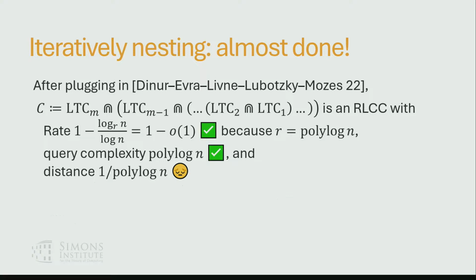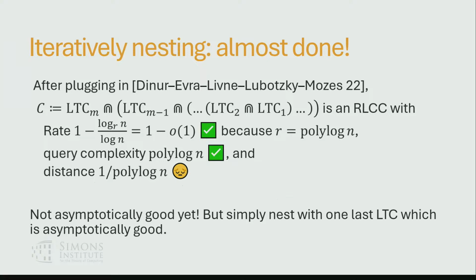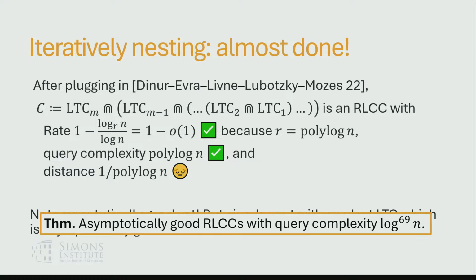But you can fix it in one step: you can do nesting one more time with an LTC that actually has constant rate and constant distance. Your final RLCC will basically inherit the rate and distance of this last LTC. So that fixes everything, and that gives you the RLCCs.